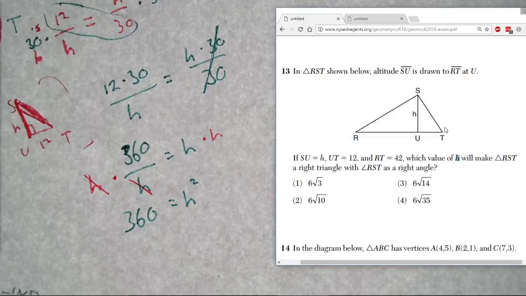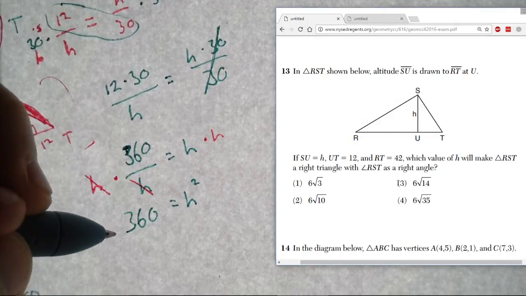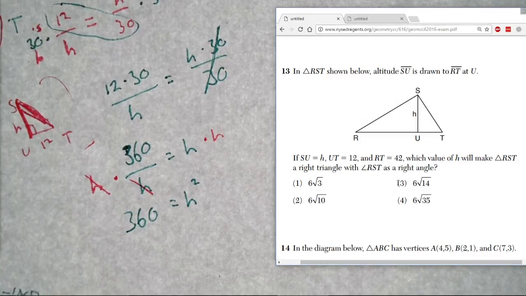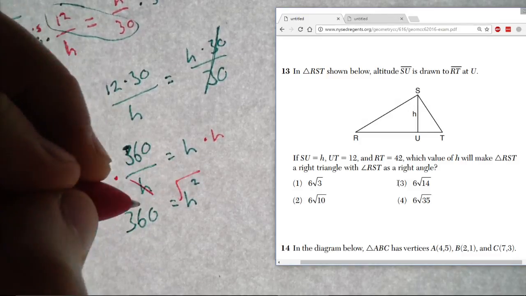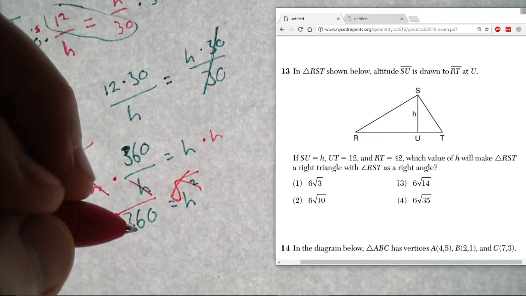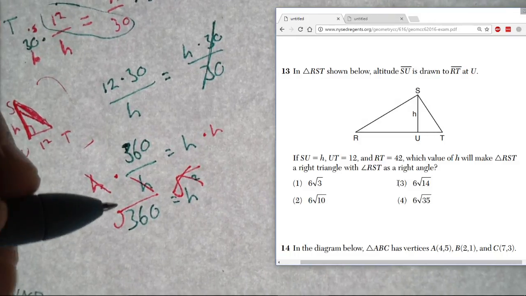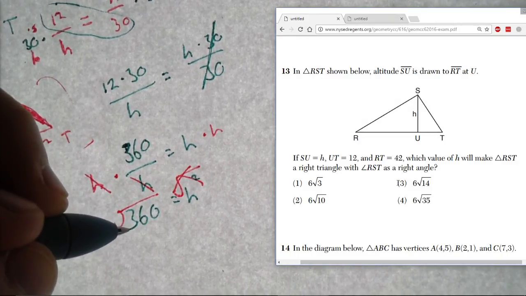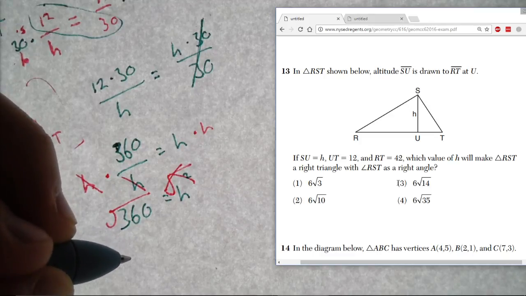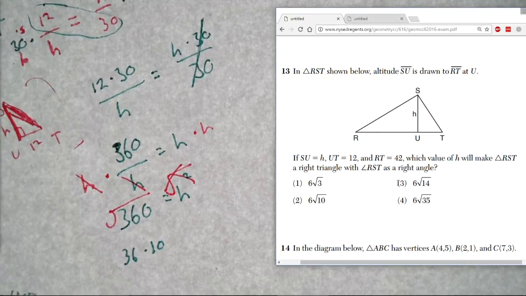All right, let's see. Don't forget, this is not my answer. h squared, I need to get the square root. I want h by itself. So I'll do square root to both sides. That's because my square root cancels off with the h squared. And root of 360. Well, I know 360 is the same thing as 36 times 10.